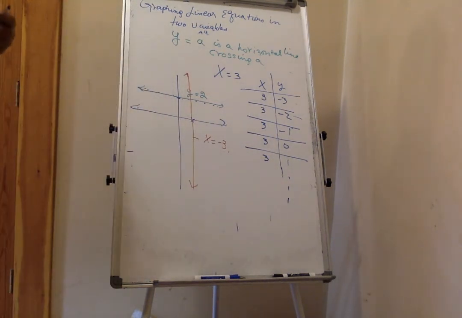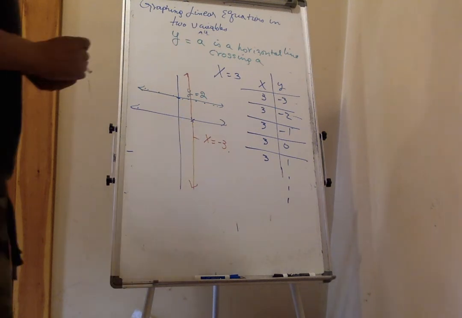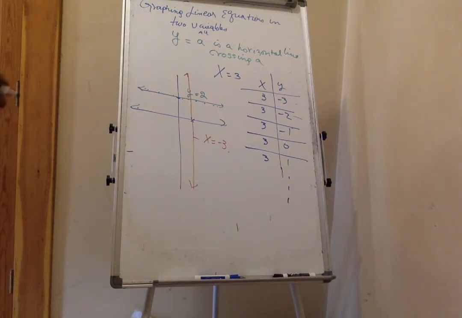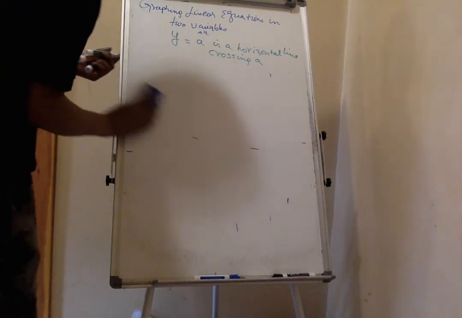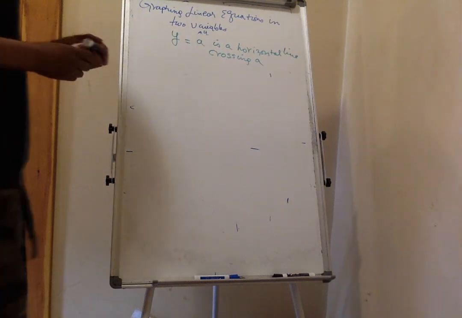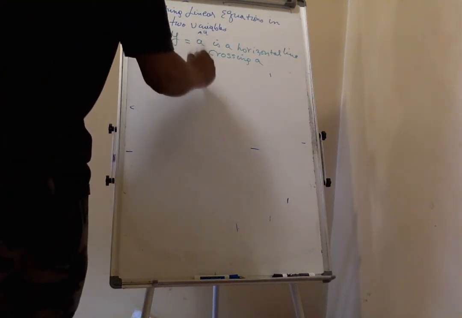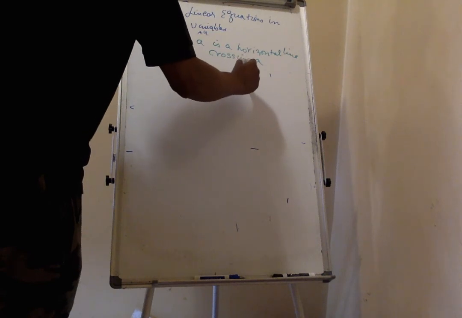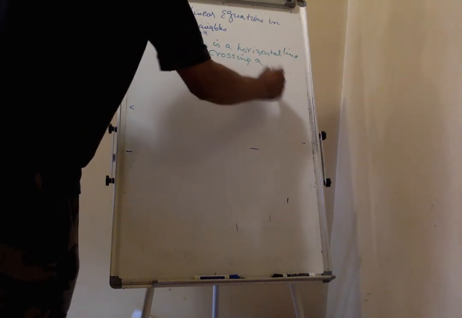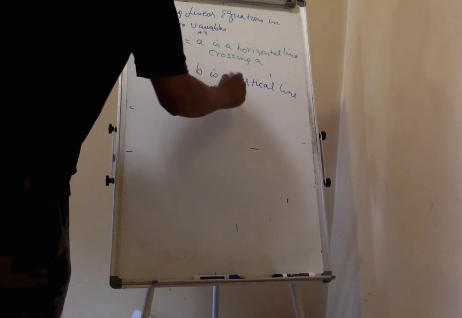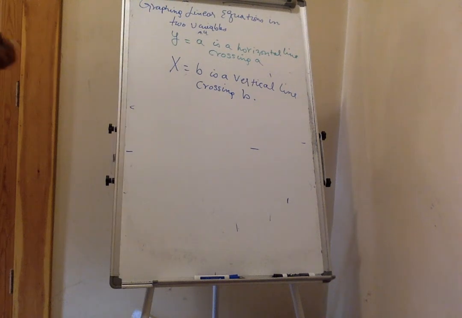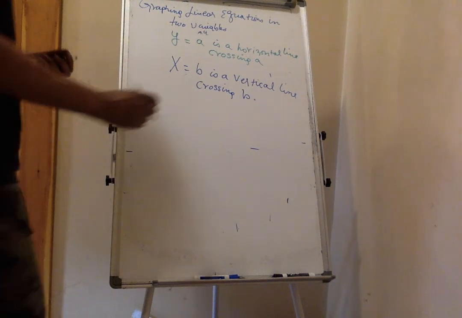So if you only have the constant value that corresponds to x, then you are dealing with a vertical line. In other words, we are going to define this: x is equal to b is a vertical line crossing b at all points.